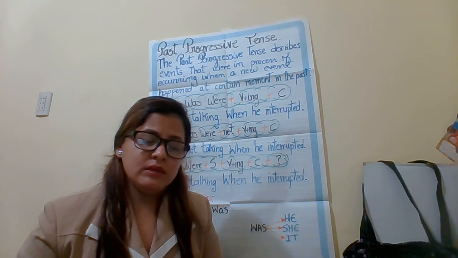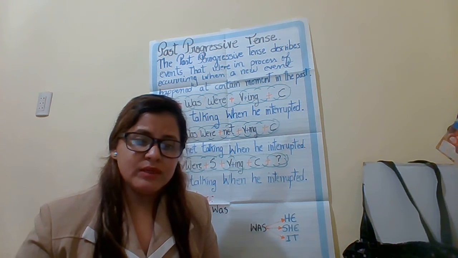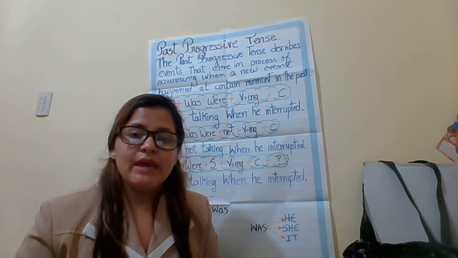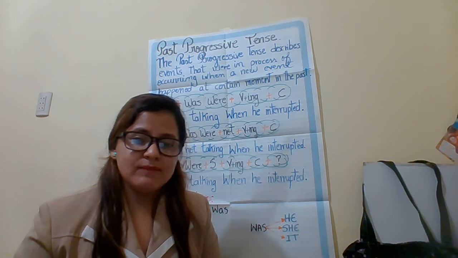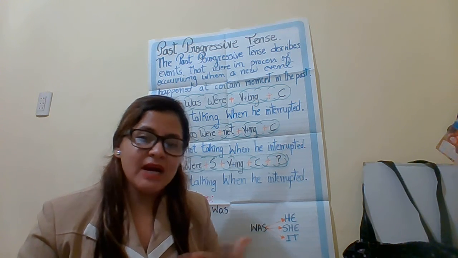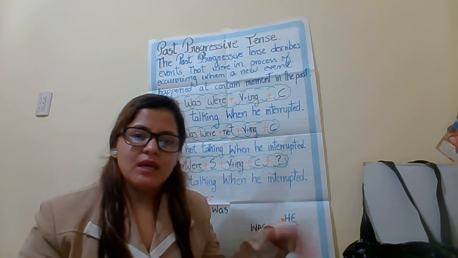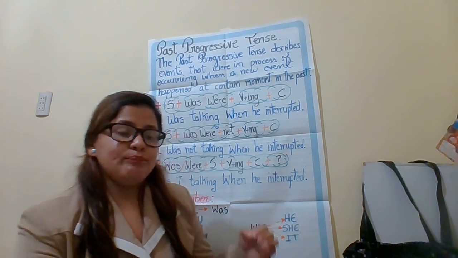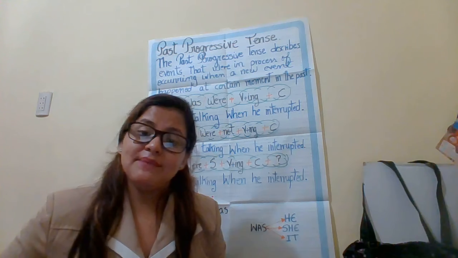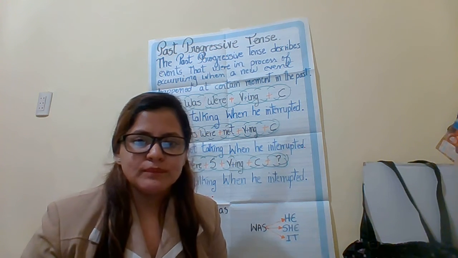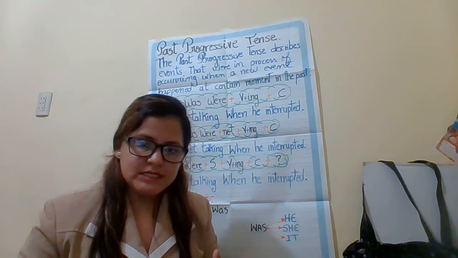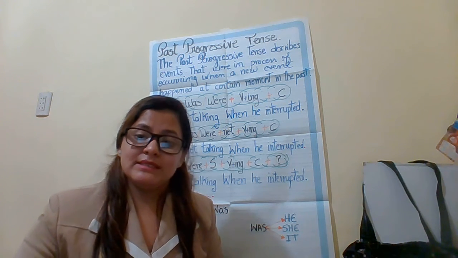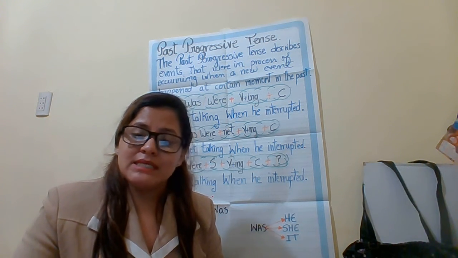For example, in the independent practice, they practice with five sentences to apply the topic, the past progressive tense, and also apply the affirmative, negative, and question forms.